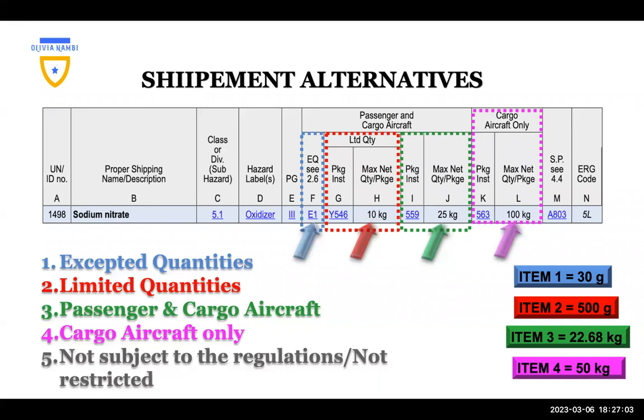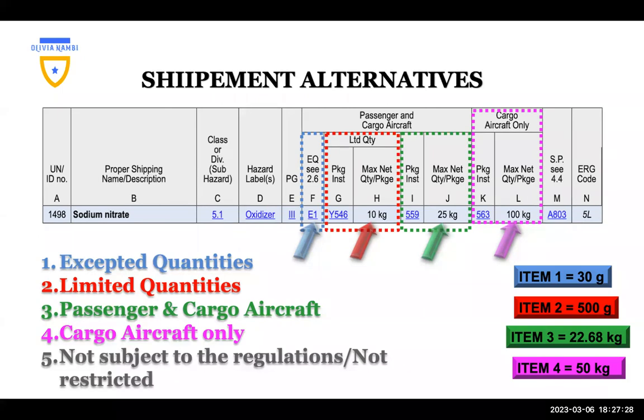And columns Kilo and Lima for cargo aircraft only. So if you have not restricted written across all those columns, that means that the shipment does not have to meet all the requirements of the regulations, of course, apart from the few, such as segregation and then airway bill requirements.